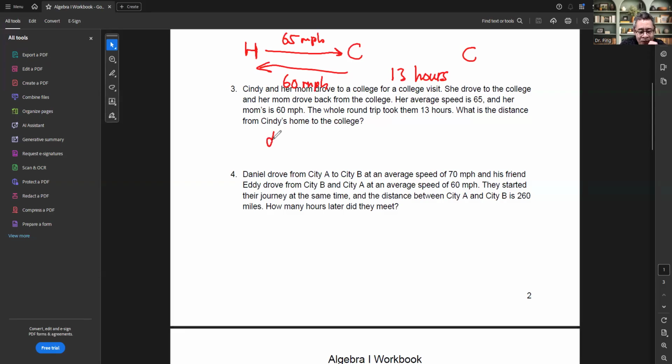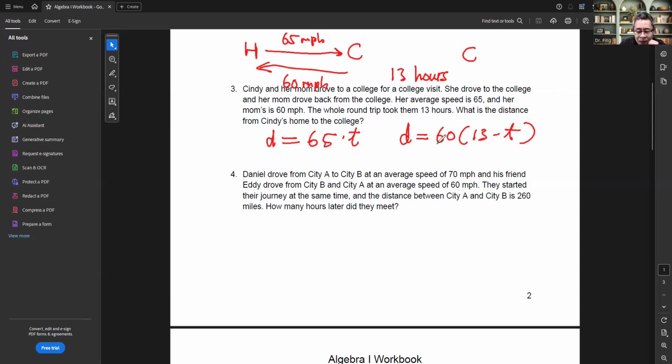Same thing, the distance going from her home to the college is equal to the speed 65 times time, which we don't know. So that's where we set up a variable. And coming back from college to home is 60 miles per hour times 13 minus t.